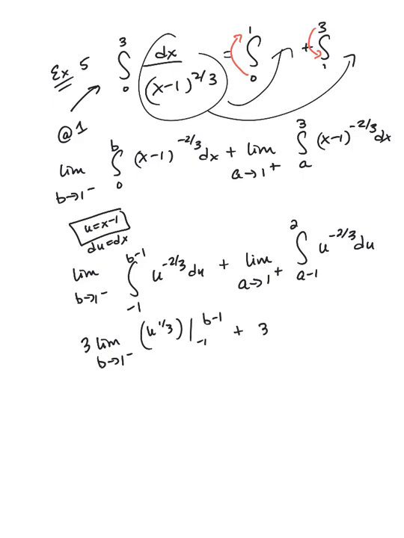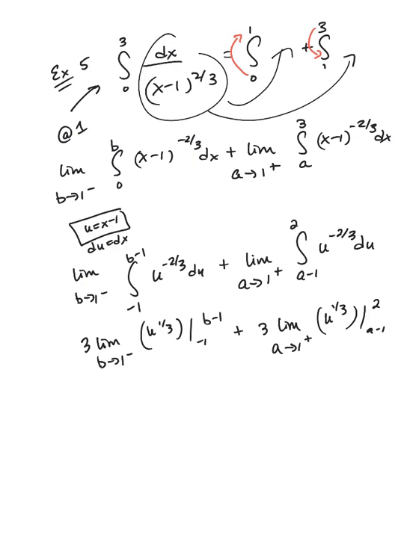Same thing on the other side. I have 3 times the limit as a approaches 1 from the right, u to the 1/3 from a minus 1 to 2.